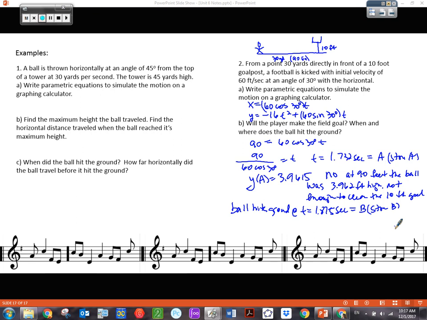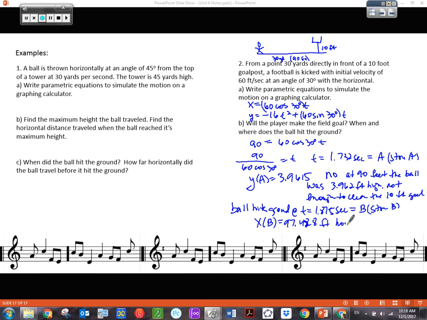So it wants to know, where does the ball hit the ground? Where do we need to go now? To our x equation, right? Our horizontal equation. Where does it hit the ground? That's a horizontal question. So I would do x of B equals, I'd put that in my calculator, and I get 97.428 feet.